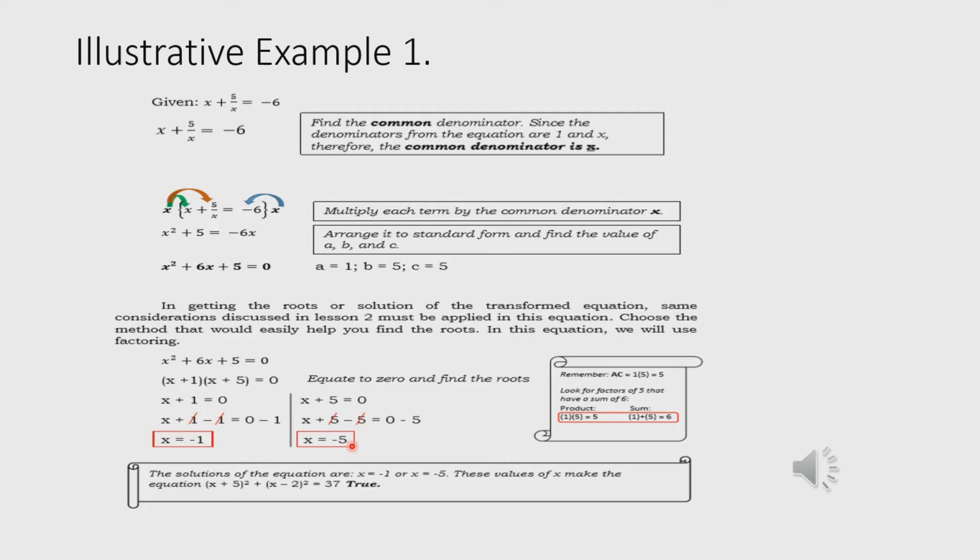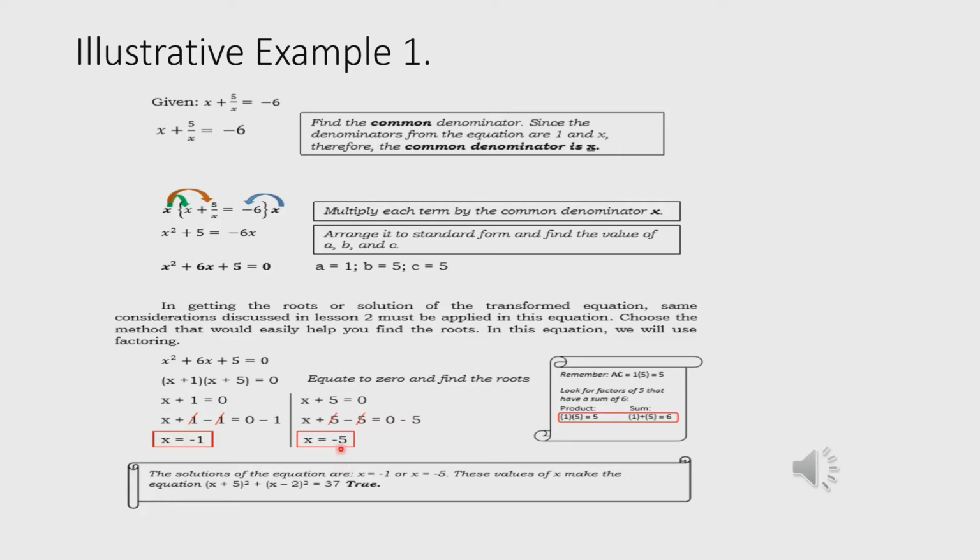To check whether these values are correct, you substitute the values of x into the original equation. When x is negative 1, replace x by negative 1 and do the arithmetic.